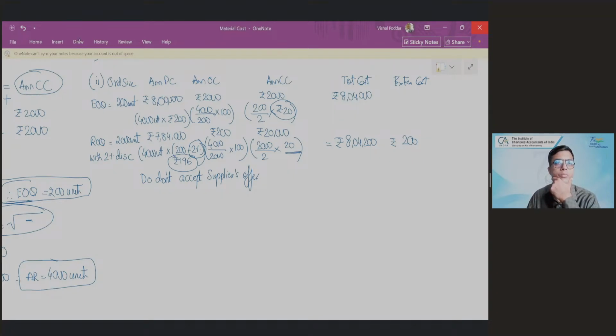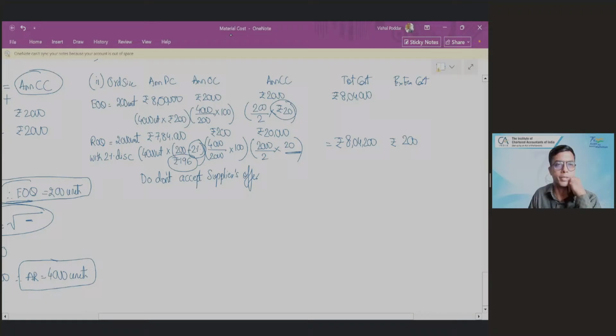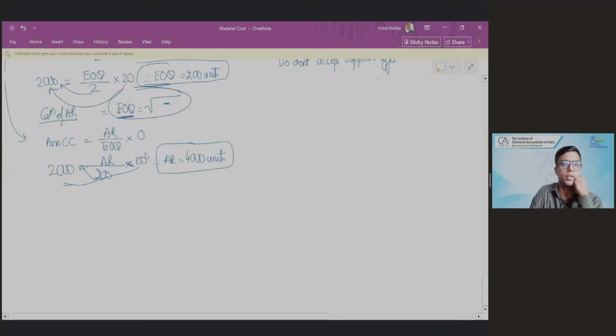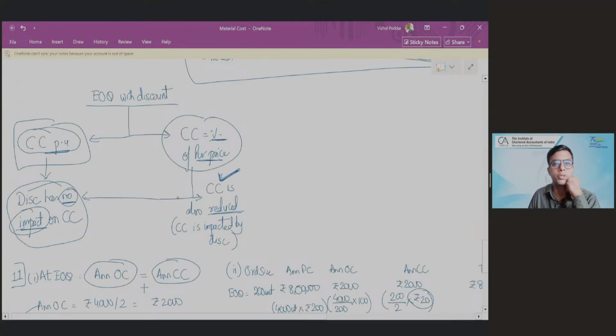Now, interestingly, I'll just modify this sum to give you the flavor of what happens in case they did not say that discount does not affect it. I already explained here. If the question says nothing about whether discount affects or not, you will go by this option that discount is affecting the carrying cost.